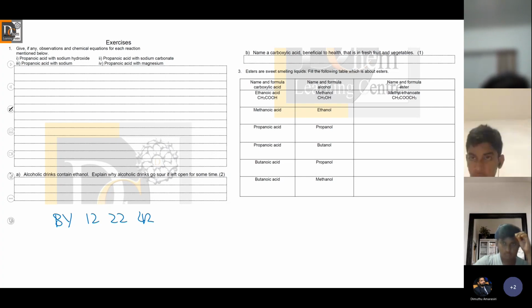Same answer as he has written. Which one? 2A. Are the others correct? Others are good. B has no answer given. It should be... yeah, you get 2 marks.